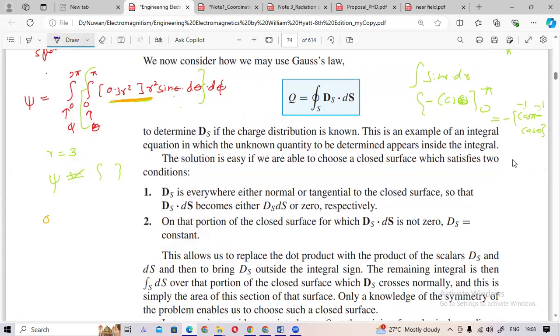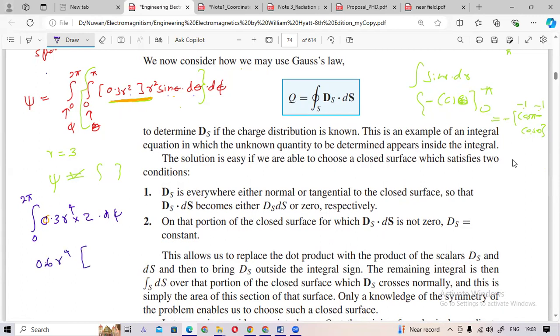So you will get R4. Once you integrate sine theta d theta and apply 0 to 5, you will get here 2. Then you have to integrate 0 to 2 phi, d phi. So 2 into 0 to 2 phi, that is 0.6 R4.